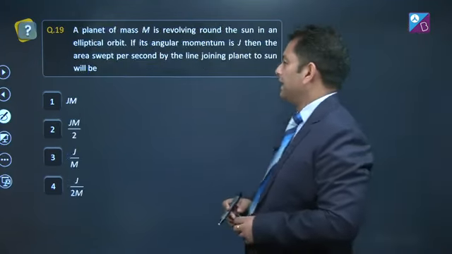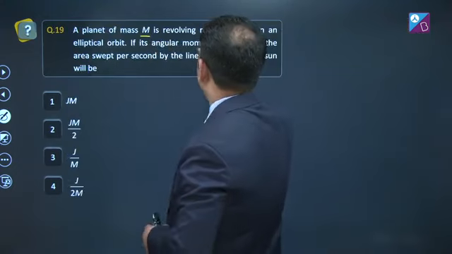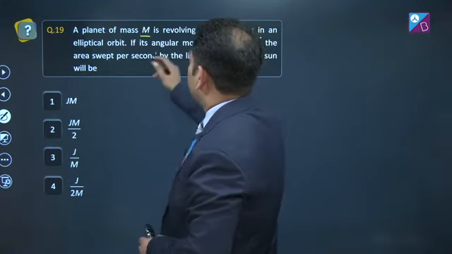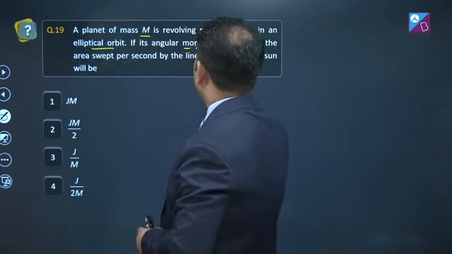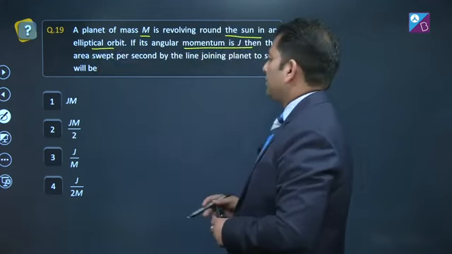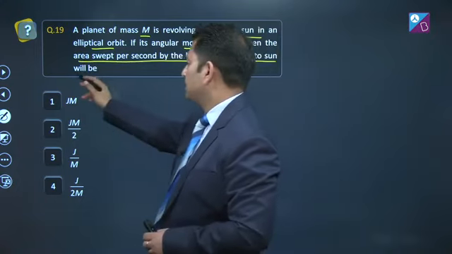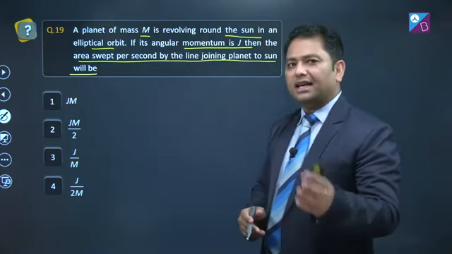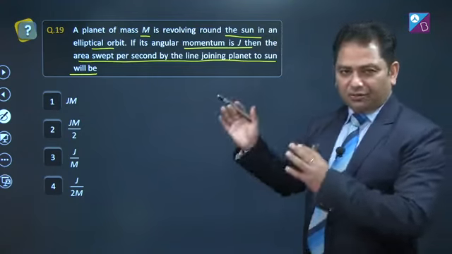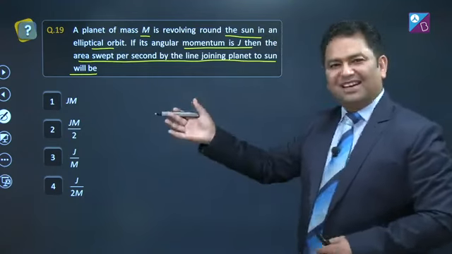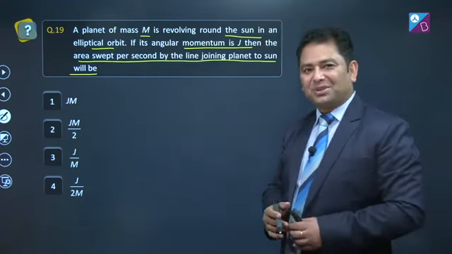Question number 19. A planet of mass capital M revolving around the sun in an elliptical orbit has angular momentum J. The question asks about the area swept per second by the line joining the planet to the sun, that is, the areal speed. Before this there was a question where we talked about that expression.